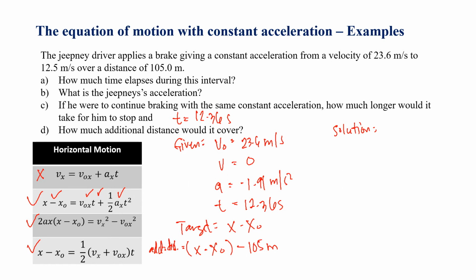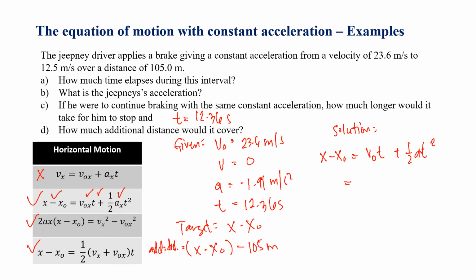Again, you can use any of these 3 equations and it should give you the same answer. Let me just use equation number 2. You have your x minus x naught, which is equal to v naught t plus 1/2 at squared.